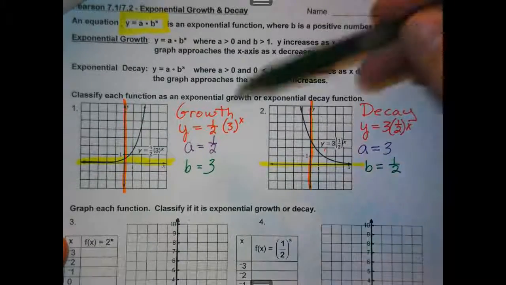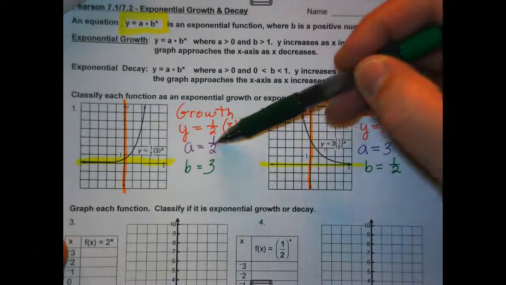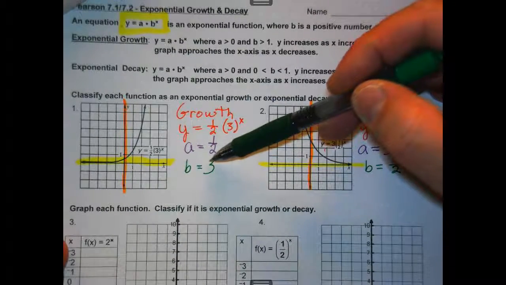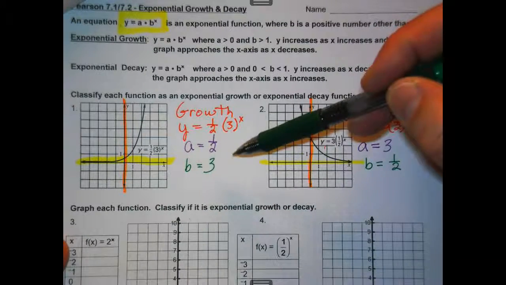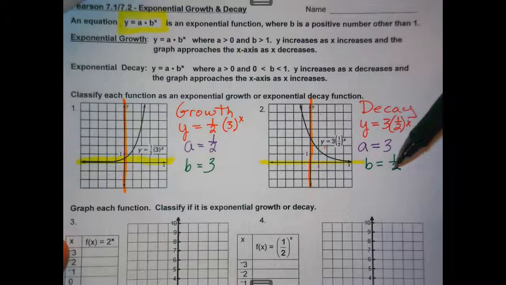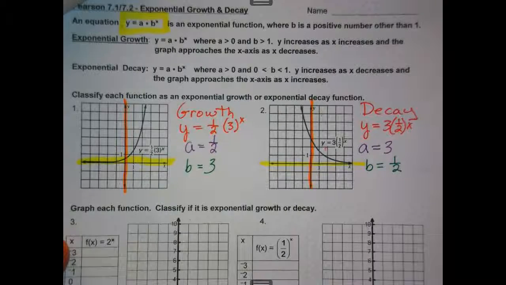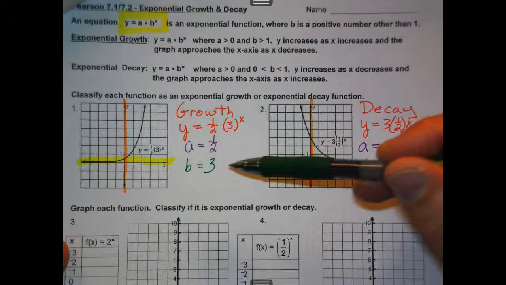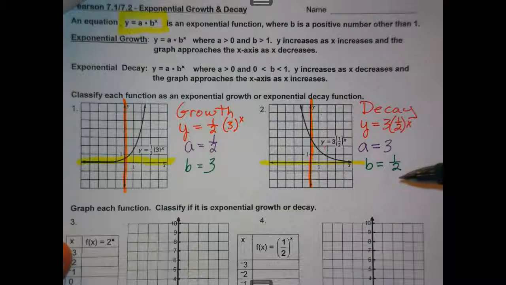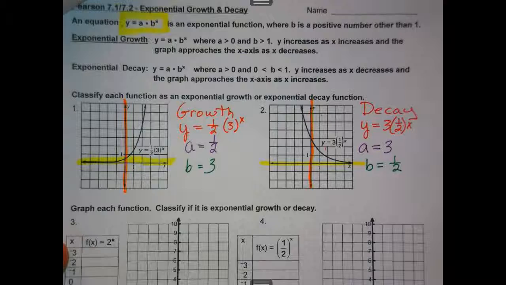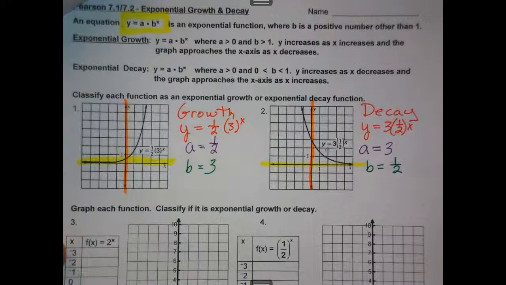Now, here's growth. My a is 1/2. My b is 3. The b is the important part here. Looking at the b's, can you make a generalization about the b's between growth and decay?